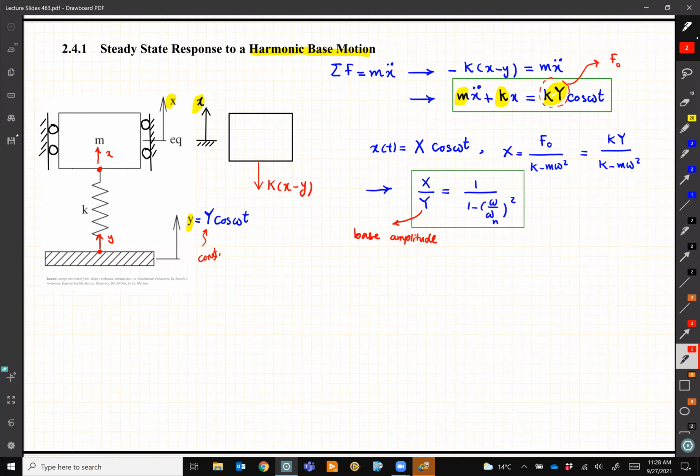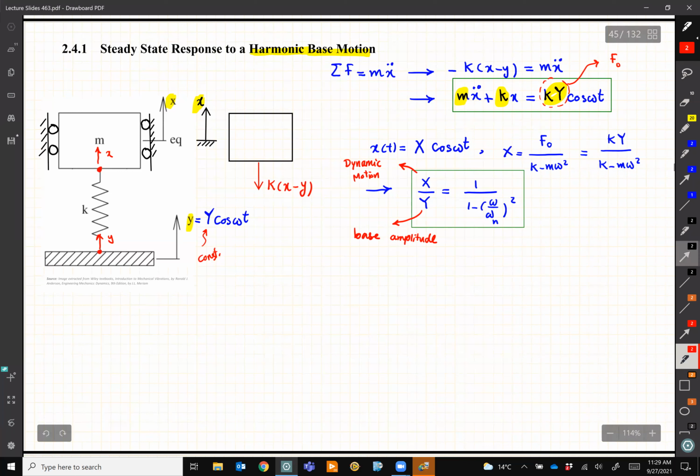And this is the dynamic vibration or the dynamic motion amplitude. So the ratio is 1 over 1 minus omega over omega n squared, which we know what it is. It is the magnification factor. So the same magnification factor as before, right?